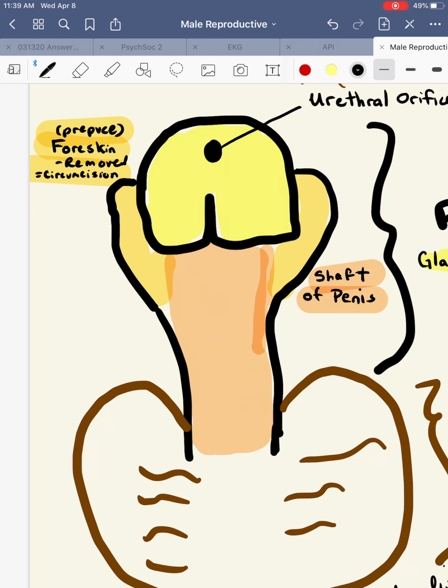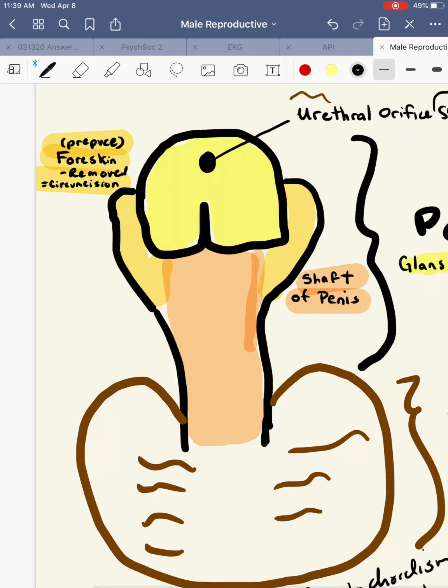It's done typically in many religious cultures, and sometimes there is some health preference in doing this. It hasn't really been proven yet in a number of studies, but there's a lot of theory behind why the foreskin is removed in a process called circumcision.